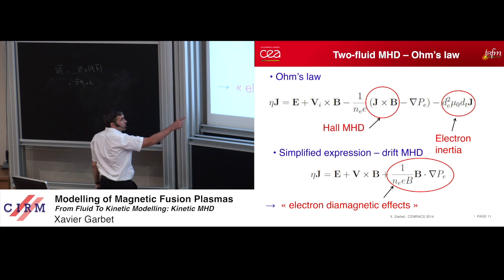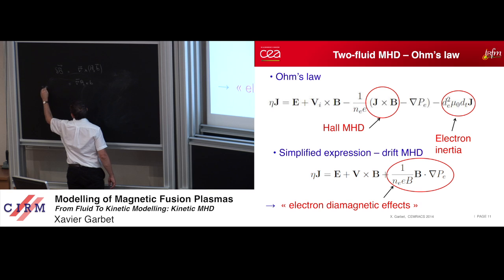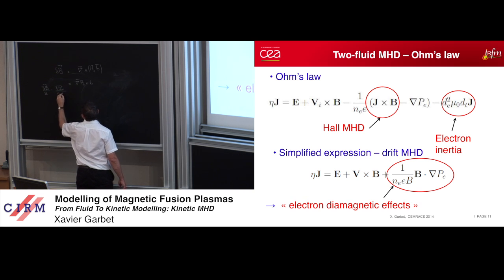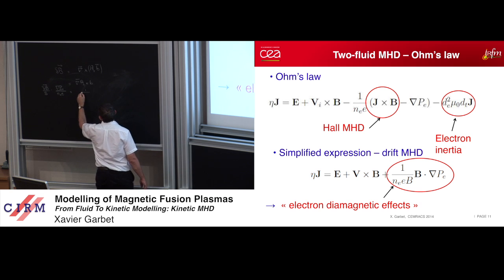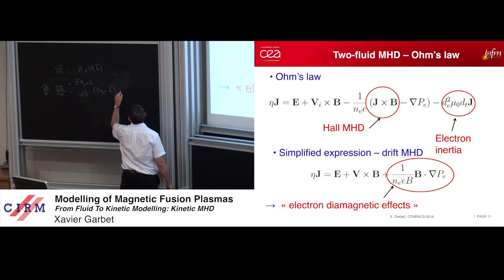Now, if you look at the corresponding terms here, delta B over B, grad P_e over n e is something like 1 over n e B, then you have something like that times grad P_e.